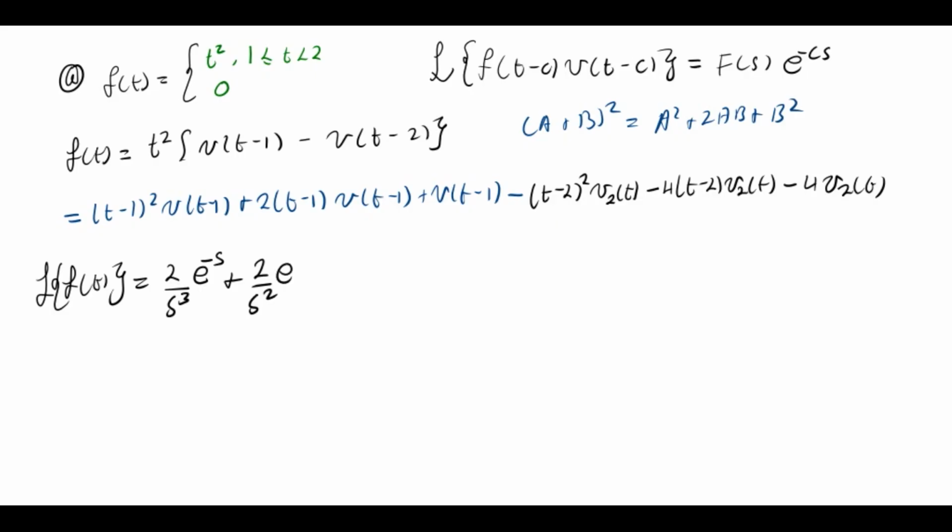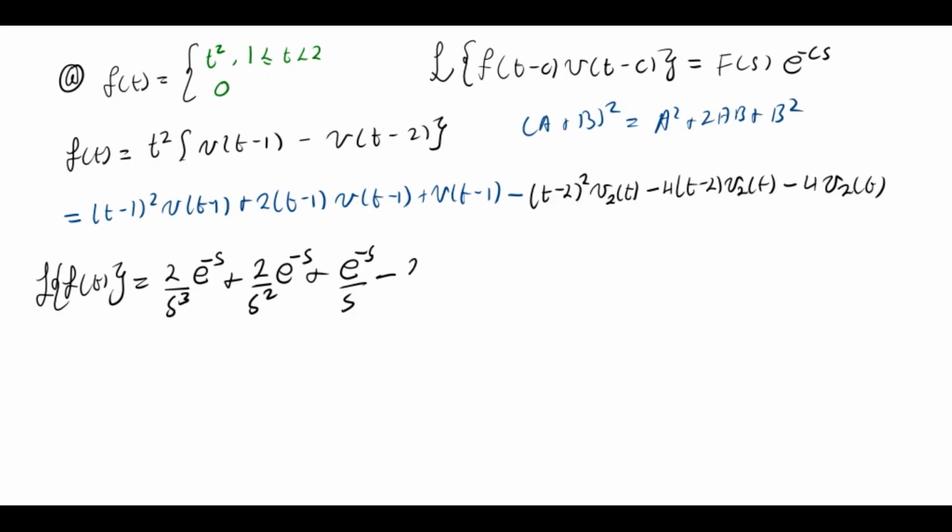Then you have e to the minus s, plus here you have a 1 on the front, so the Laplace transform of 1 is just 1 over s, then you say it's e to the minus s divided by s, like that, minus, then you get to this one. Let's start with t squared.